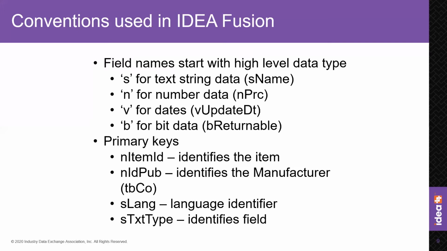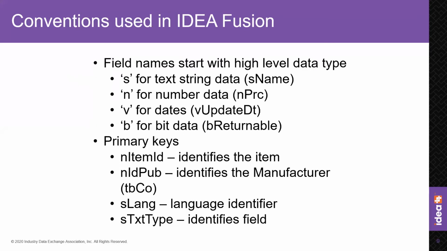There are some very common primary keys throughout the entire database that we use, so you can relate the tables together. And these are those primary keys where you've got the actual item ID that's in every table. The public ID is pretty much in every table that identifies the manufacturer. For manufacturers, there's also an end user ID that you would be able to identify distributor.